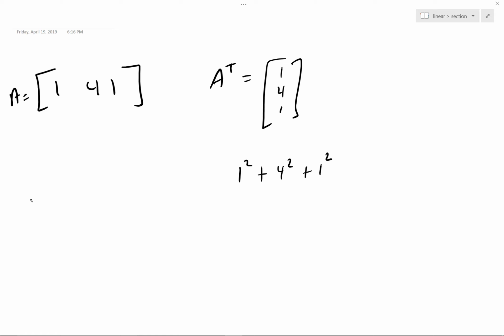So when you're done, if you had A times A transpose, okay, we know what's going to go right here in this first column is going to be A11 squared, right? It's going to be A21 squared, sorry.